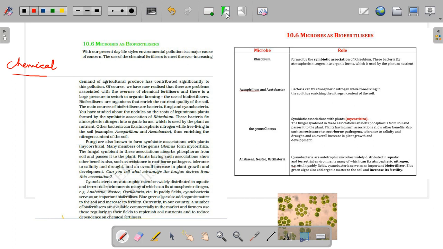But here, remember, microbes are not used for that, but help in enriching the soil with nutrients so that plants can grow. Some examples are given.